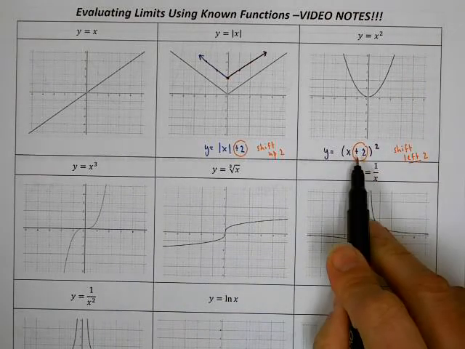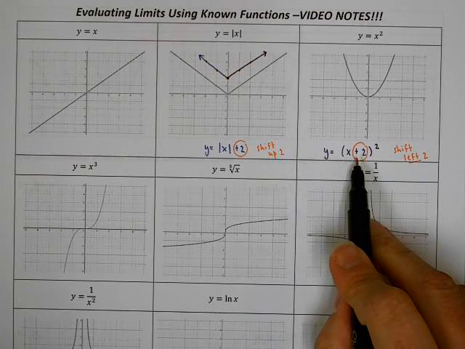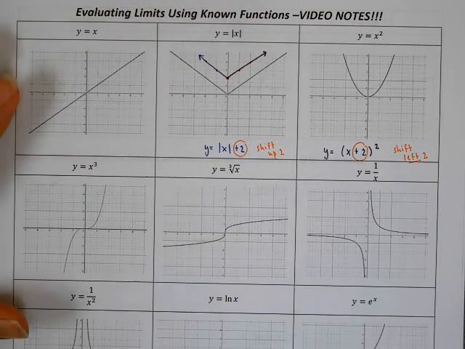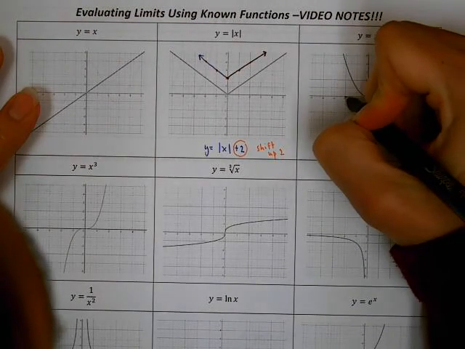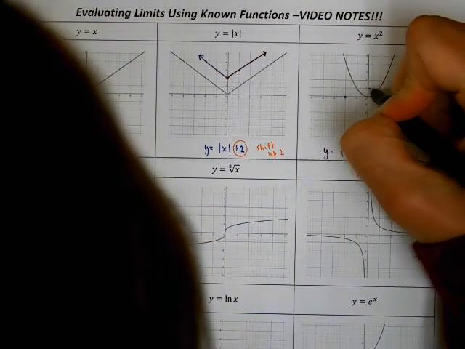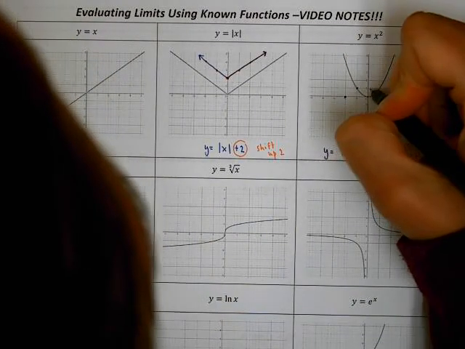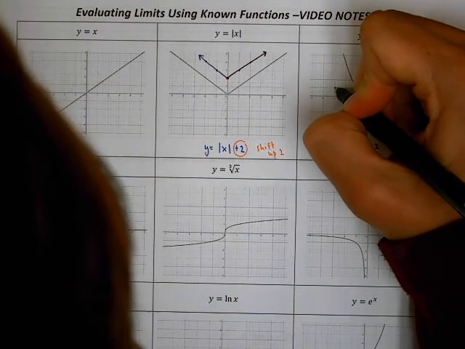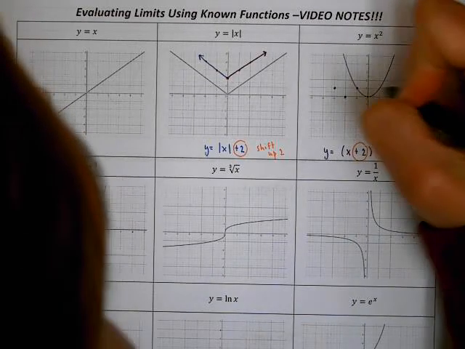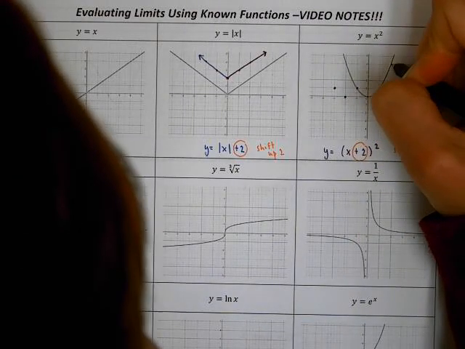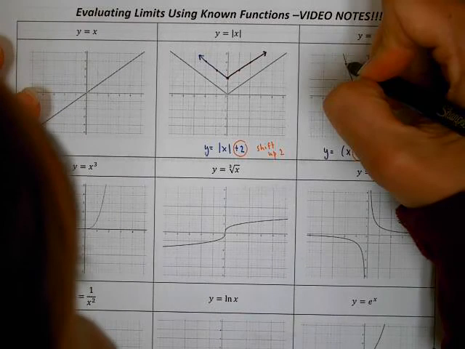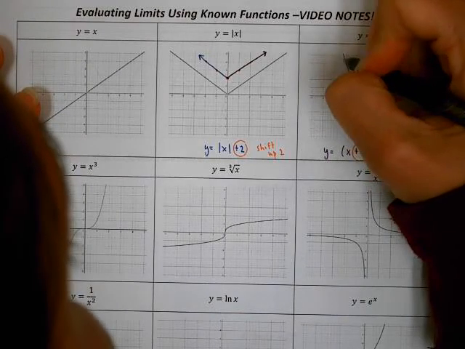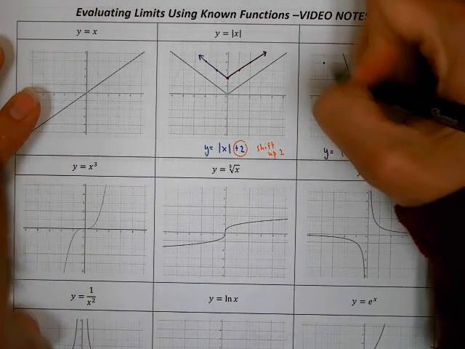Even though it's a plus, a lot of times we associate that with right, but this is going to shift it left 2. So every point that I have here is just going to shift left. My grid's not great here, but hopefully you get the idea. That would be about here, and we could sketch this in.